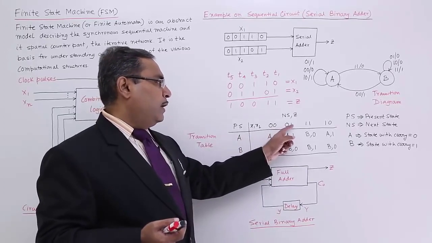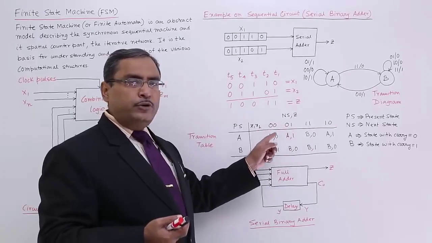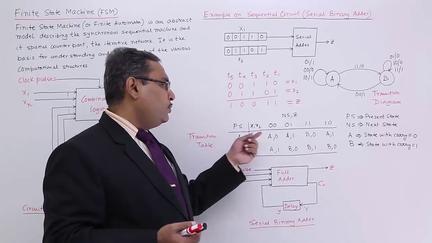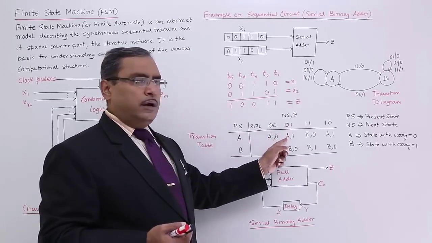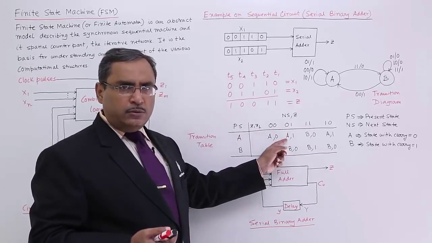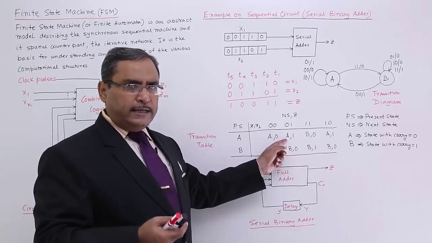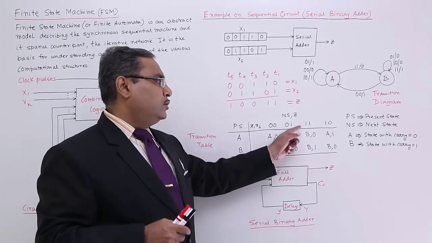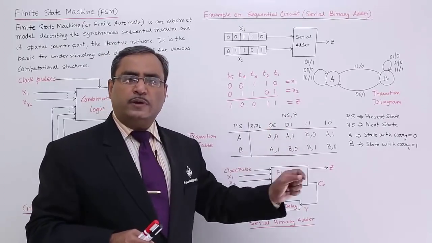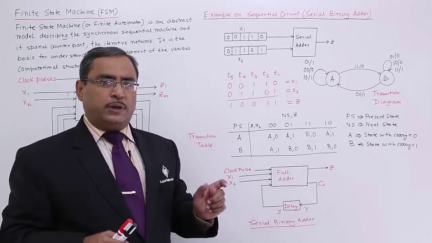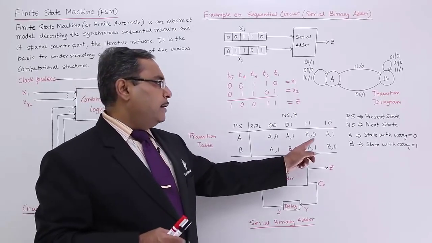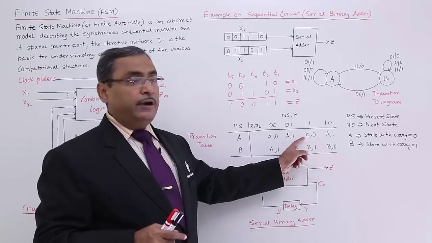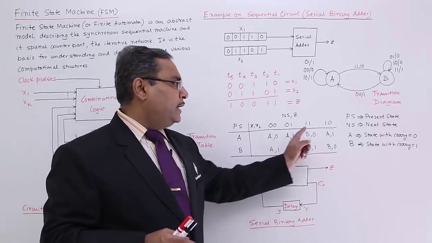For 0 1, I am actually doing 0 plus 1, because the previous carry is 0, so I shall remain in state A without any carry, with the sum 1. For 1 1, 0 plus 1 plus 1 is 2, which means 1 0, so the sum bit will be 0 and the state will have the carry. So I am making a transition to state B. In this way I have done it.